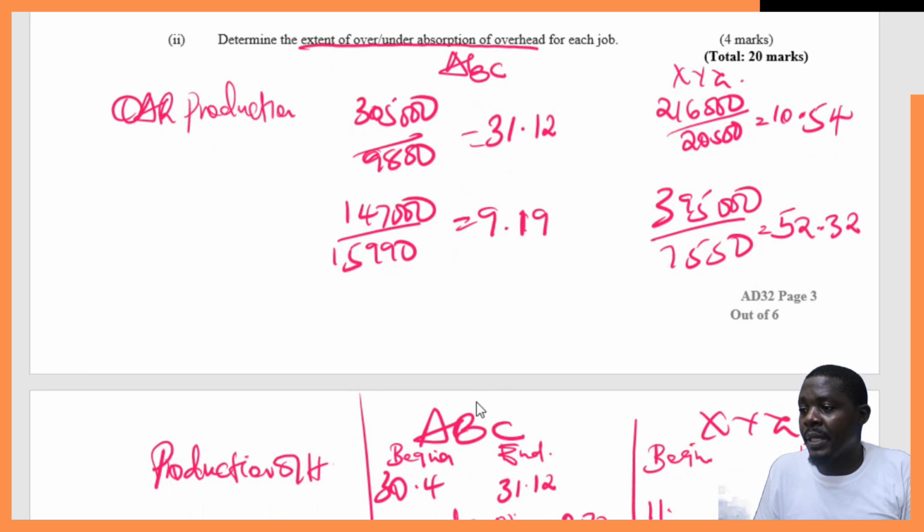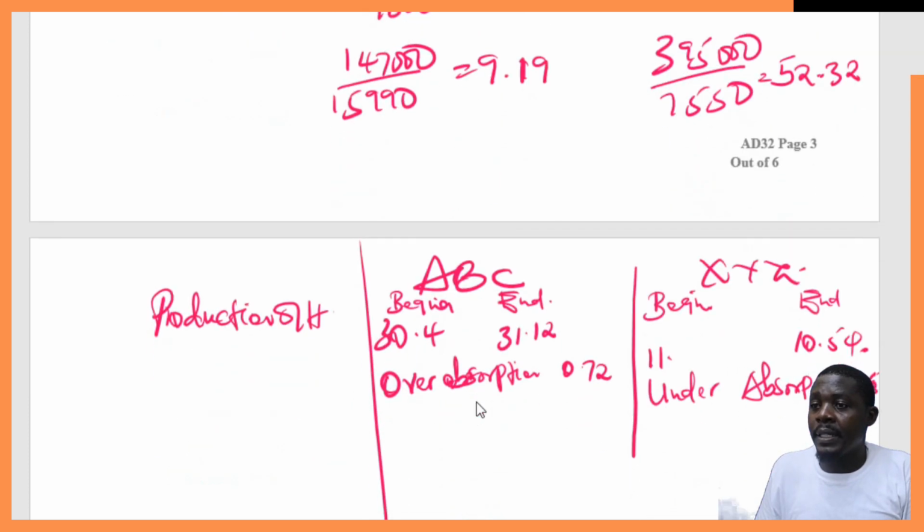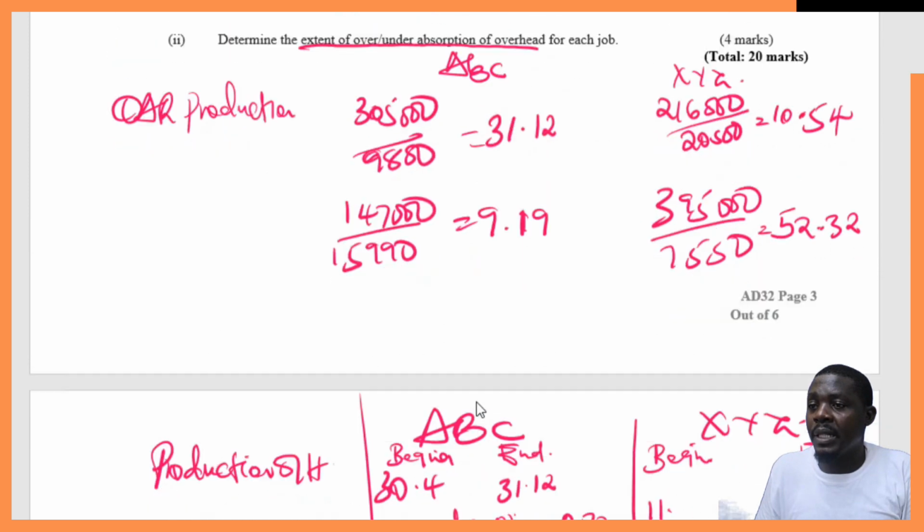We had under absorption of 11 minus 10.45, which is 0.46.